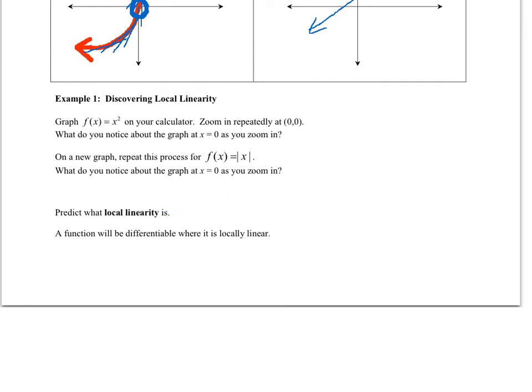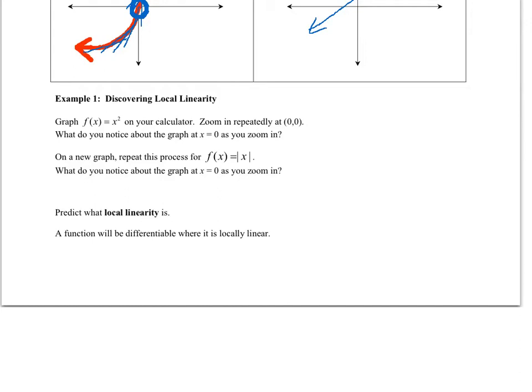Okay, for this next part, example 1, this is actually on your own. And if any of you have difficulty doing this, we'll talk about it in class tomorrow. But this is discovering local linearity. If you graph f of x equals x squared on your calculator, I want you to continue zooming in at the location of (0, 0). And then I want you to make an observation about what happens as you zoom in.